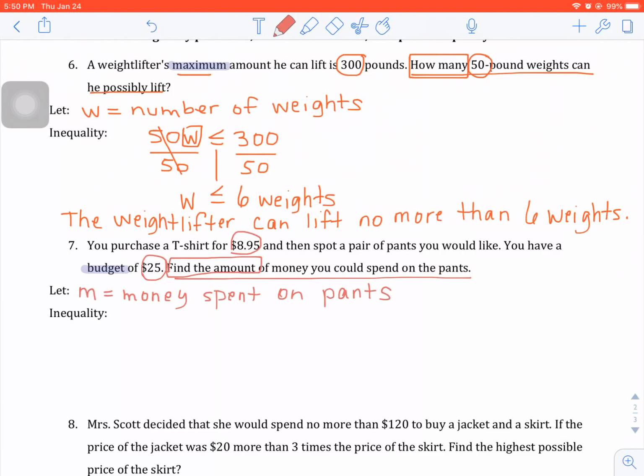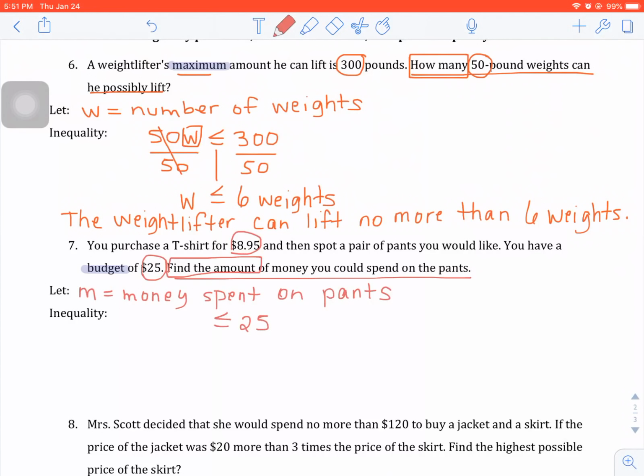So if I have a budget of $25, that means that's the most I can spend. So I cannot spend any more than $25. So I know I'm going to have something is less than or equal to 25. Now, I spent $8.95, and now I'm going to spend something else on the pants.